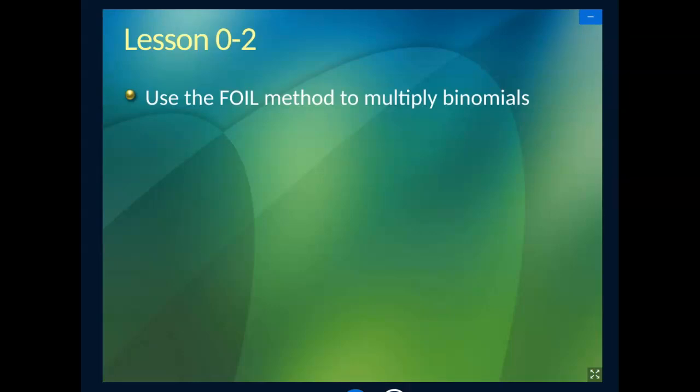So today's lesson is going to be using the FOIL method. Does anybody remember what FOIL stands for? Anybody remember what FOIL stands for?